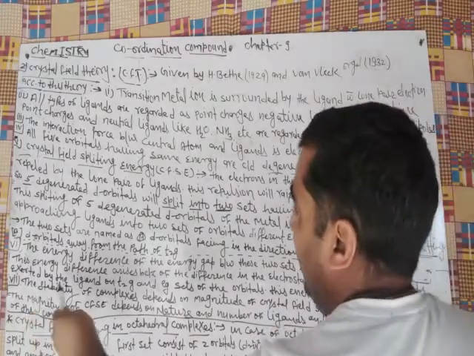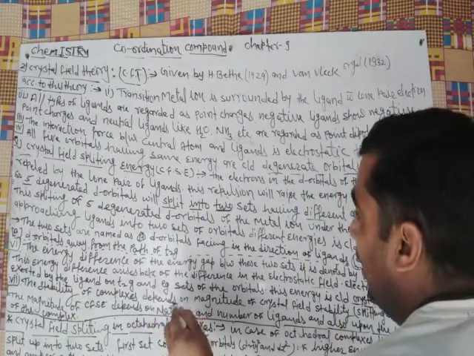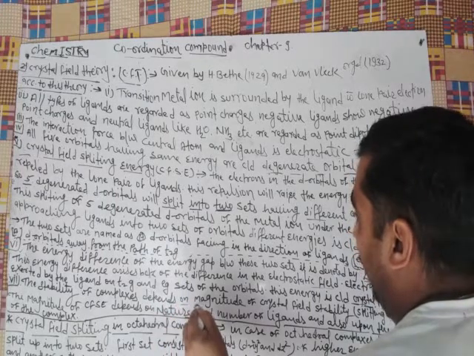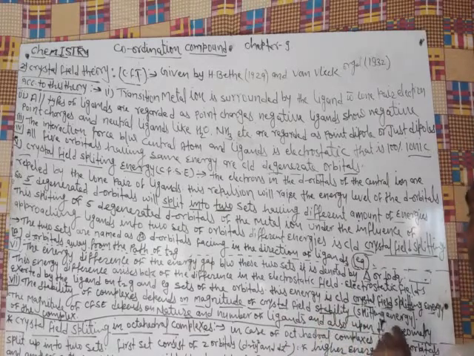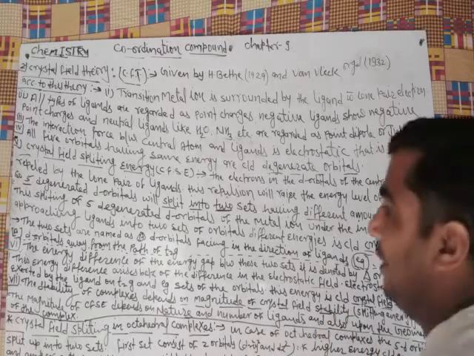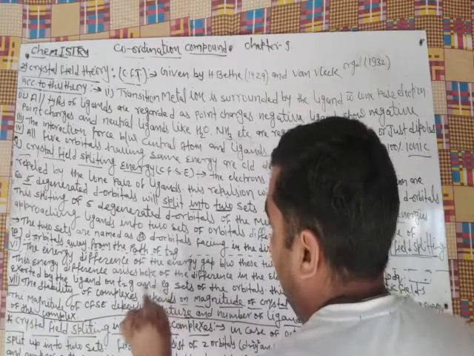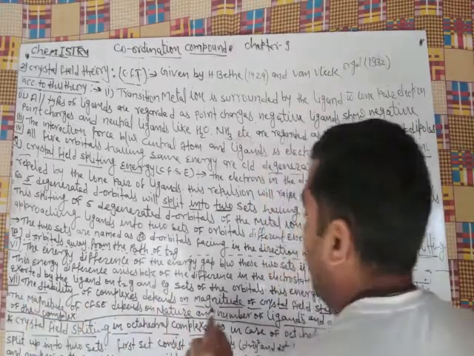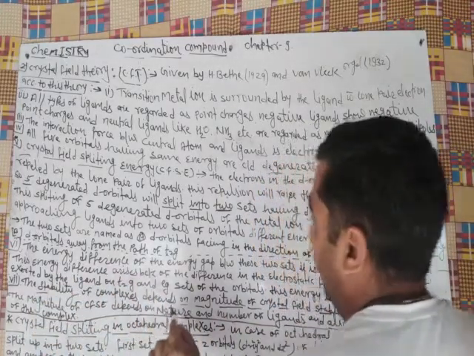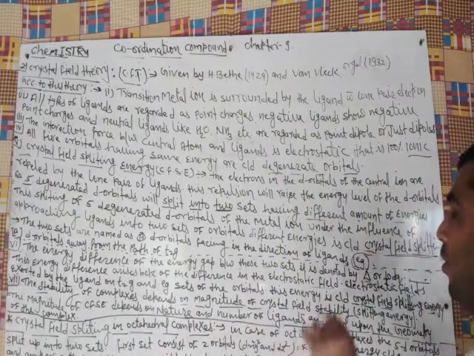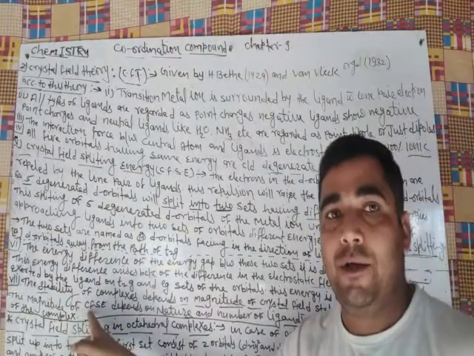Next point, the stability of a complex is important and depends on the magnitude of the crystal field splitting energy. The magnitude of CFSE depends on the nature and number of ligands and also upon the geometry of the complex.